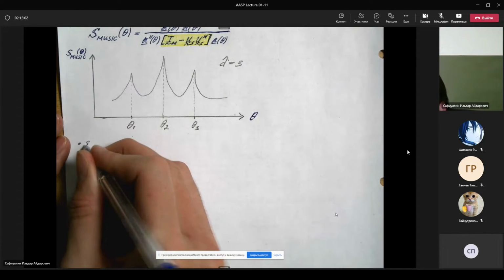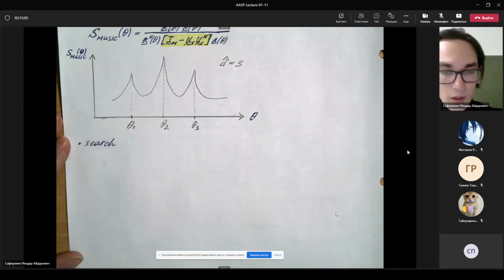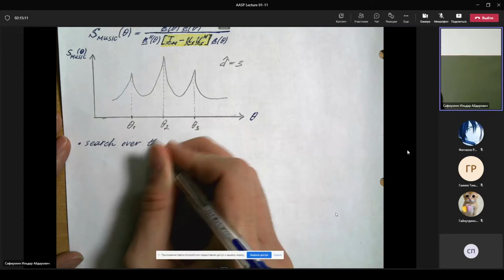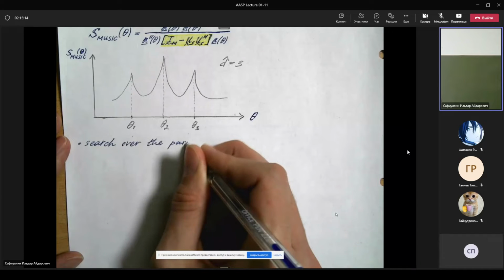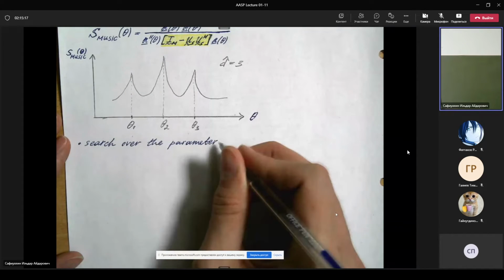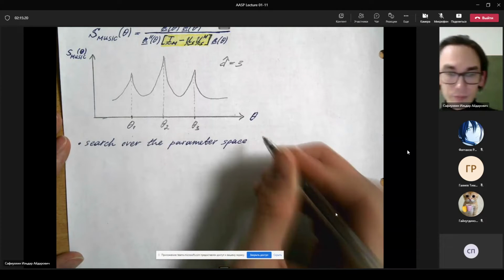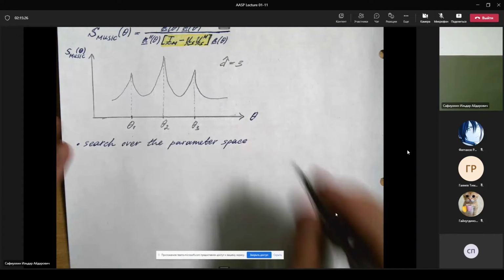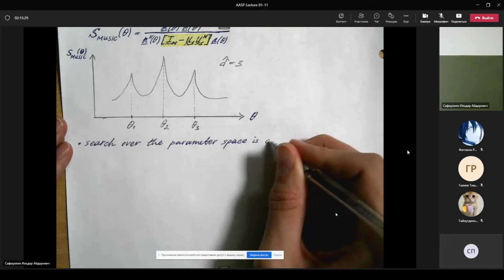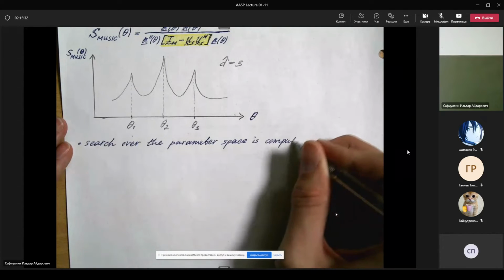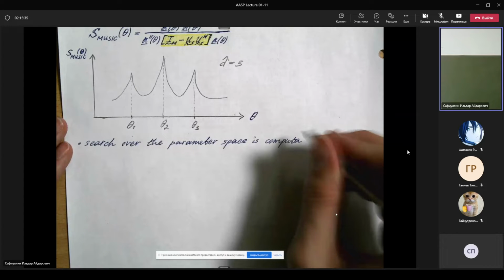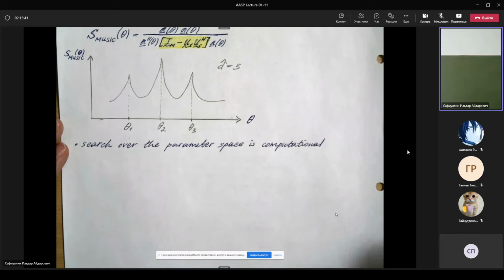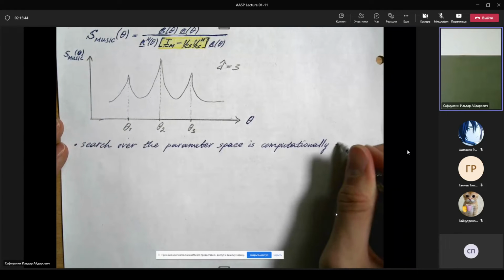In this case, the search over the parameter space is computationally expensive.